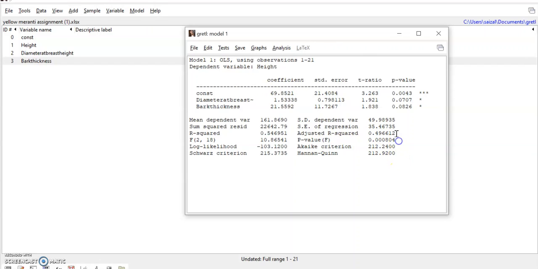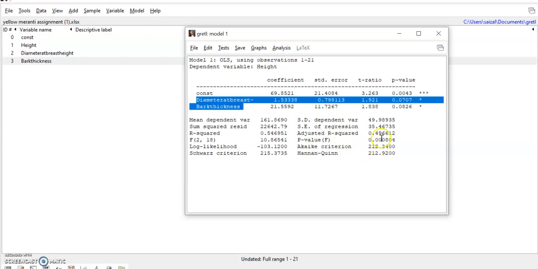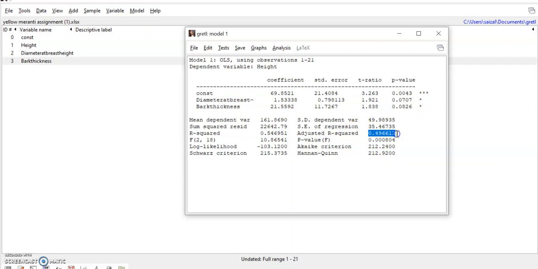So adjusted r squared shows the percentage of the variance of the dependent variable that is explained by the independent variables. I repeat, the adjusted r squared represents the percentage of the variance of the dependent variable that is explained by the independent variables.